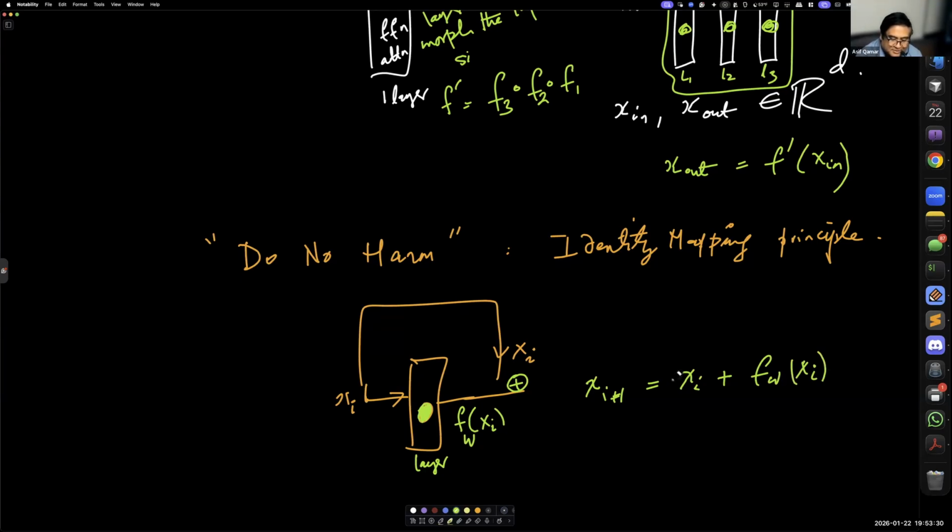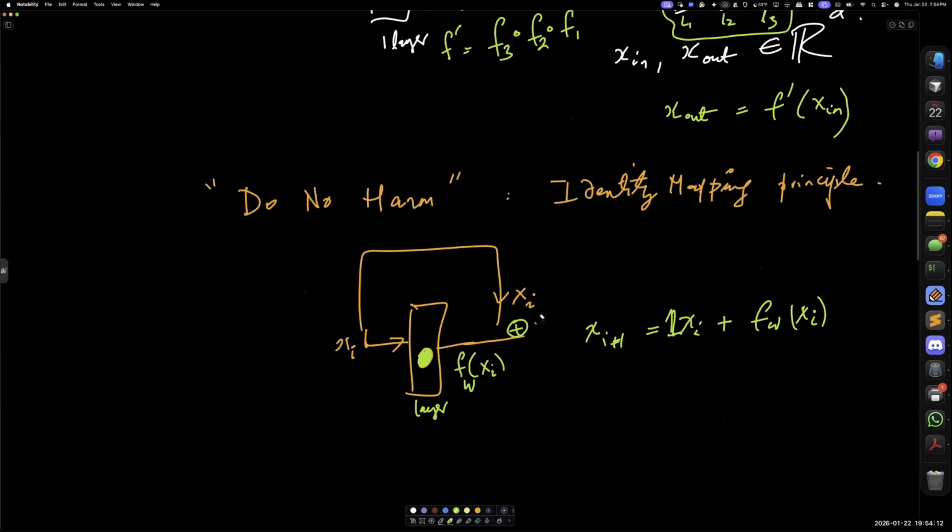The fact that you leave the signal as is, this is called the identity preservation, the identity mapping principle: leave it alone, don't do harm. That's the basic intuition. A layer's job is to just add small perturbations, a little bit more meaning, more texture to the signal flowing through. That's all it is. So now comes this paper.